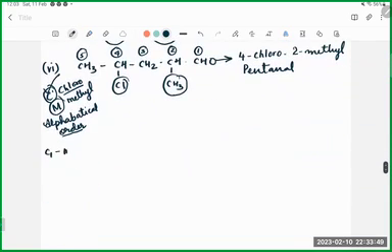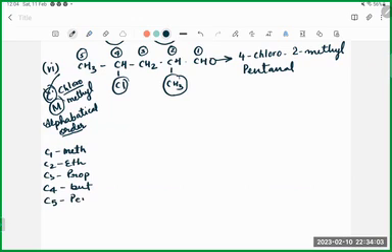C1 is meth, C2 is eth, 3 carbons use prop, 4 carbons use but, 5 carbons use pent, 6 carbons use hex, and 7 carbons use hept. Clear? That is enough. You just need to prepare the root words, which would really help you gain confidence in writing nomenclature.